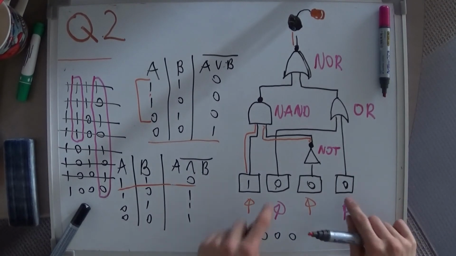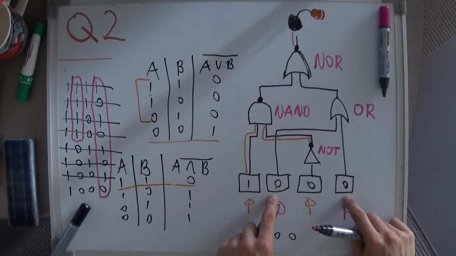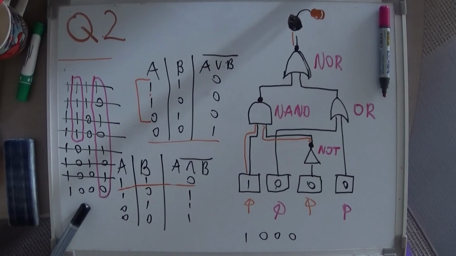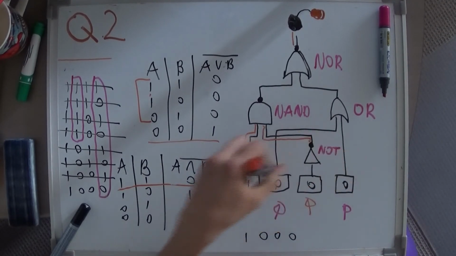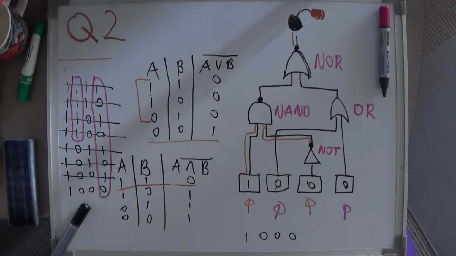So if we were to keep either of these two bits high, that would prevent the bomb from exploding. So that's an answer for part 2. If we keep bit 0 high or bit 2 high, then that will prevent the bomb from exploding.